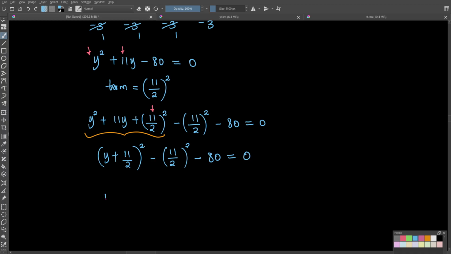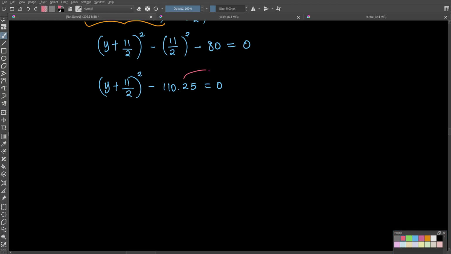Let me just use my calculator for this. So we are saying the negative of 11 divided by 2 squared minus 80. So that's going to be minus 110.25 is equals to 0.